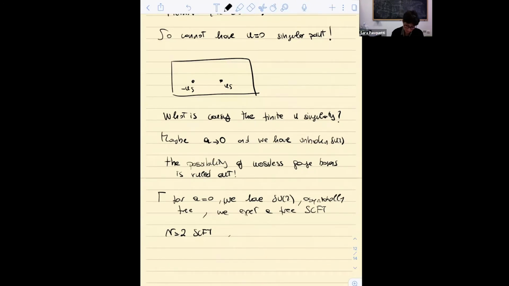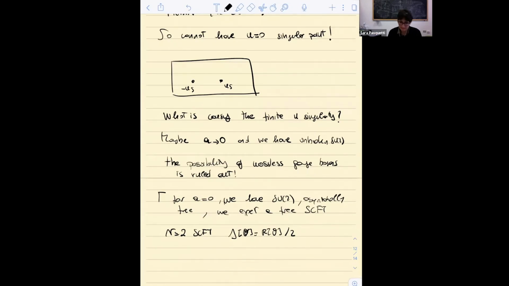There is a relation between the dimension of an operator and the R charge of an operator. Remember, we have a similar relation in N=1, then there was a different factor. There was a 3/2. In the case of N=2 superconformal field theory, this is the relation.